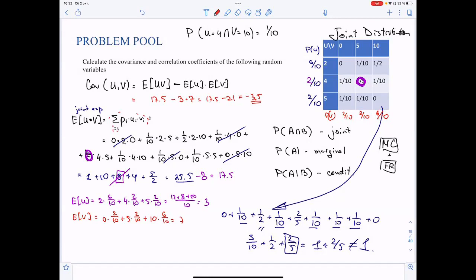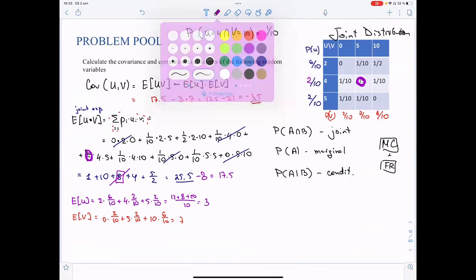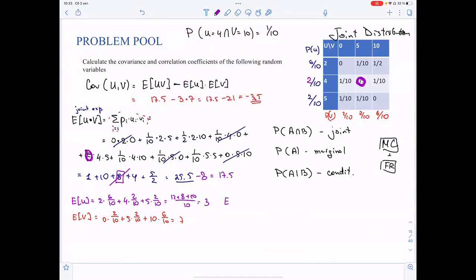Well, now let's finalize this problem and evaluate the correlation of these two values. In order to do the correlation analysis, we need to know the standard deviations of U and V. And I'm going to evaluate the variance of U and V first. And I'm going to cheat in the same way like I did in the previous problem.